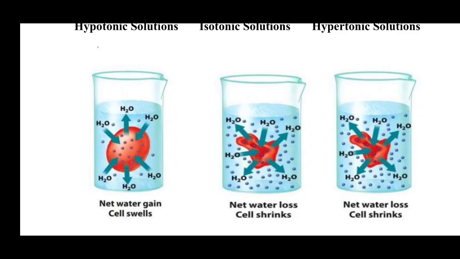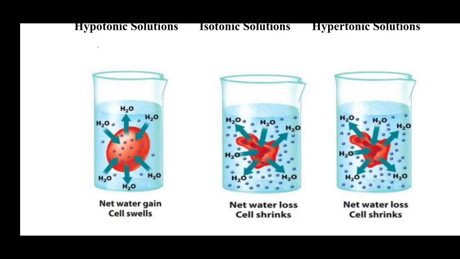Solute means the substance that you are mixing inside a solvent, that is water, and by combining solute and solvent you get solution. So hypotonic solution means the solution in which the concentration of solute is more. Example, sugar or salt. The solution in which the concentration of sugar or salt is more is known as a hypotonic solution.